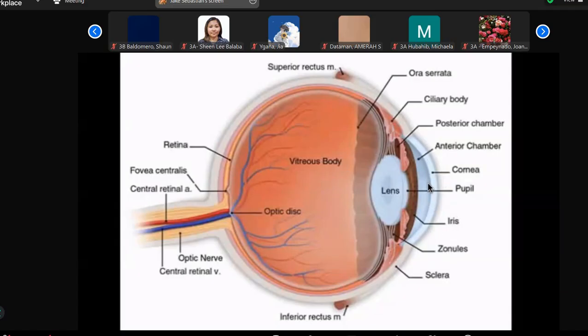So the air, the tear, plus the cornea enters into the eye, hits the lens, then the lens provides additional refraction. The aqueous humor in the anterior chamber also bends light, 1 diopter. The vitreous body, this gelatin surrounding the entire eye behind the lens, also contributes 1 diopter of refraction. Then the goal is to direct the light to the fovea centralis, which is the most sensitive part of the retina.